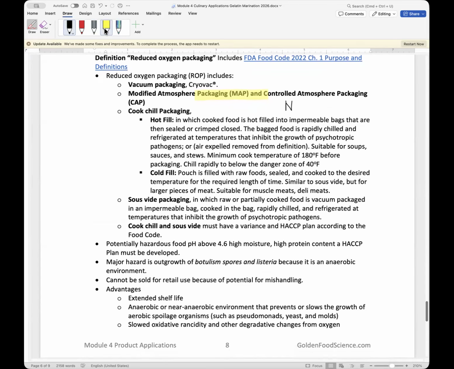We can do cook chill, where we cook a big batch outside, then we fill up the bag, and generally we leave a little bit of an air pocket at the top, so it'll cool a little better. Then we seal it up and it keeps any additional oxygen from coming in.